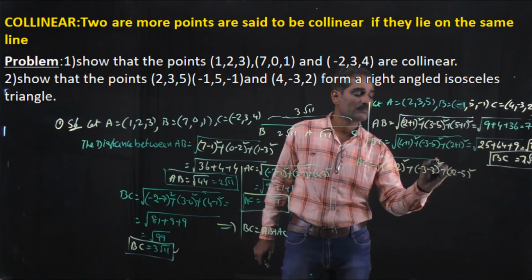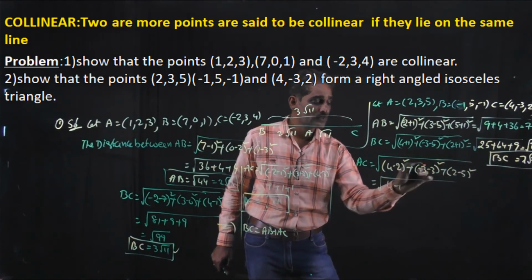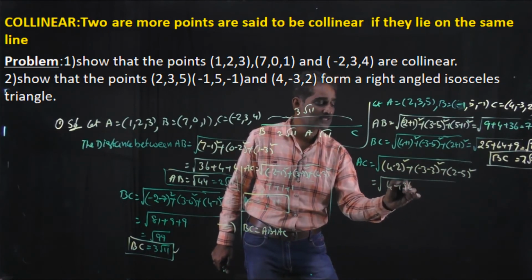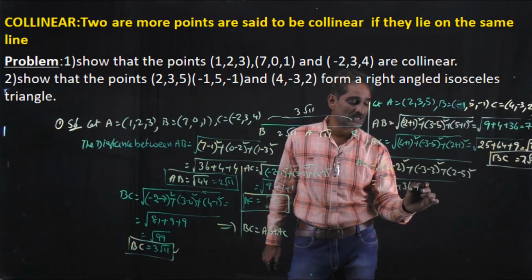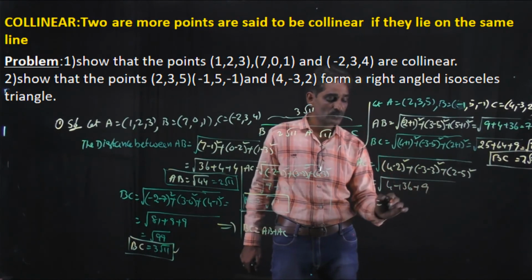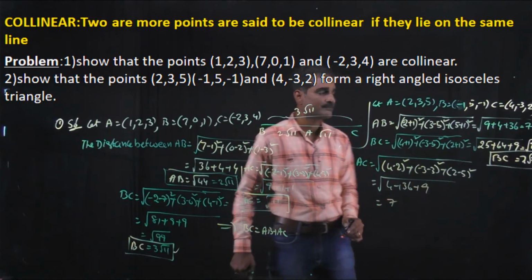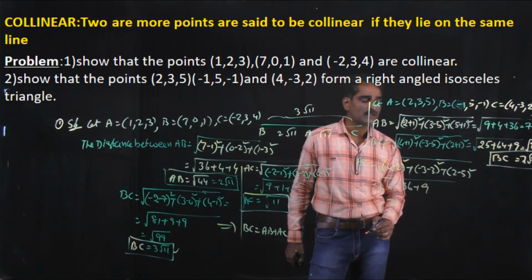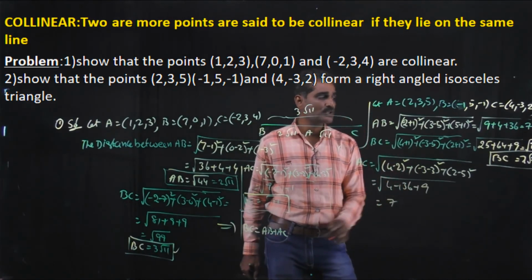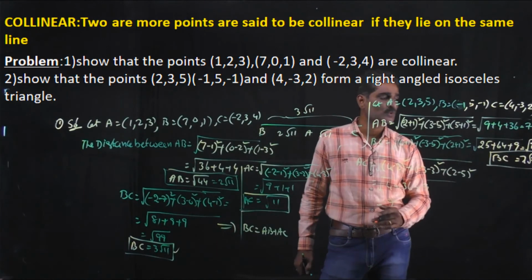So this is equal to 4 plus (-6) whole square 36, and (2 minus 5) whole square 9, that is 49, so 7. Okay, so AC is equal to 7, BC is equal to 7 root 2, and AB is equal to 7.